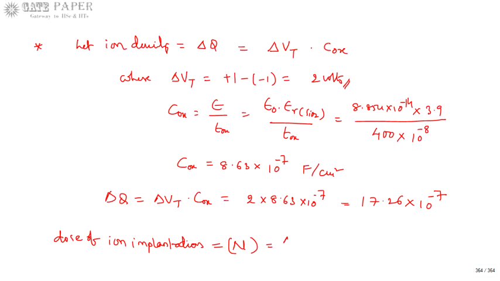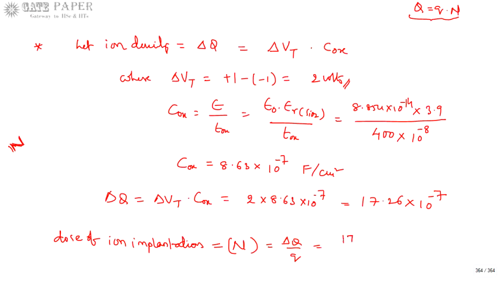So N is equal to delta Q divided by Q. Generally impurity is indicated with N. It may be acceptor impurity, N suffix A, or donor impurity, N suffix D. Total charge is equal to Q into N, where Q is the charge of one electron. So N can be calculated using delta Q by Q.